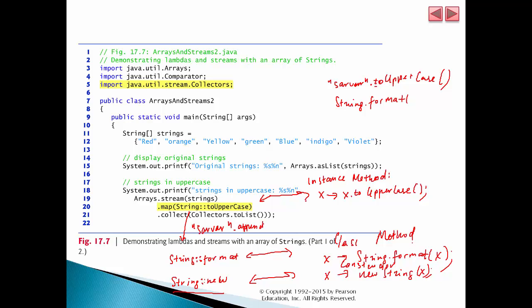I don't think it actually has an append method, but for the sake of argument, let's assume that this is an instance, right? Sarvar is just an instance of a string, and I'm referring to the append method using, again, double colon notation. Now, these were classes, string, string, and this string were class names. But I can reference the instance method of an object, not of a class, right?